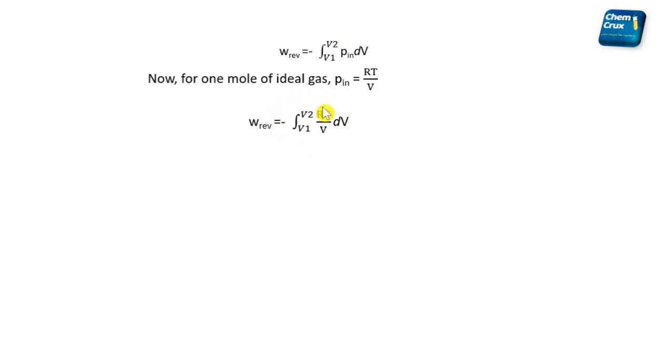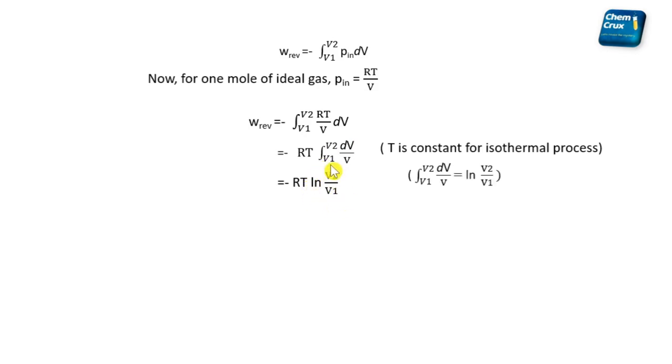Now we know R is a constant, so it can come out, right? T is also a constant because it is an isothermal process, so T can also come out. Now if we integrate from V1 to V2 for dV by V, we can write it as ln V2 by V1, because the integration from V1 to V2 of the dV by V term is equal to ln V2 by V1.